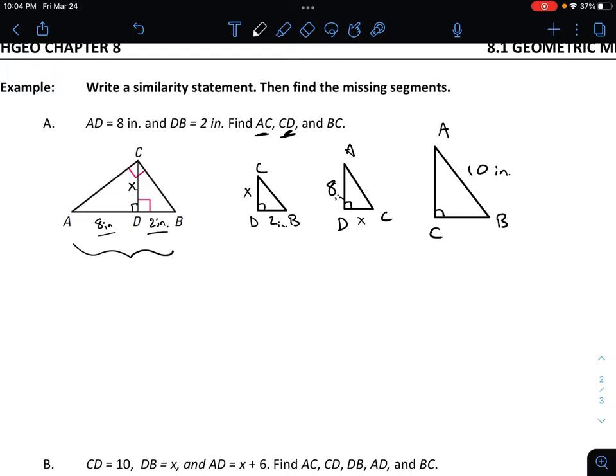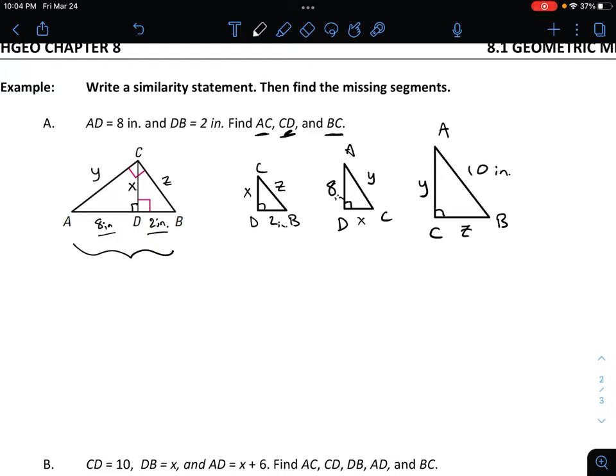How about Y? So I'm going to call it AC Y. So if AC is Y, notice I can put the letter Y here, but I can also put the letter Y in this triangle. And if I'm looking for BC, I'm going to use the letter Z. And BC is a Z in this triangle, and it's a Z in that triangle as well.